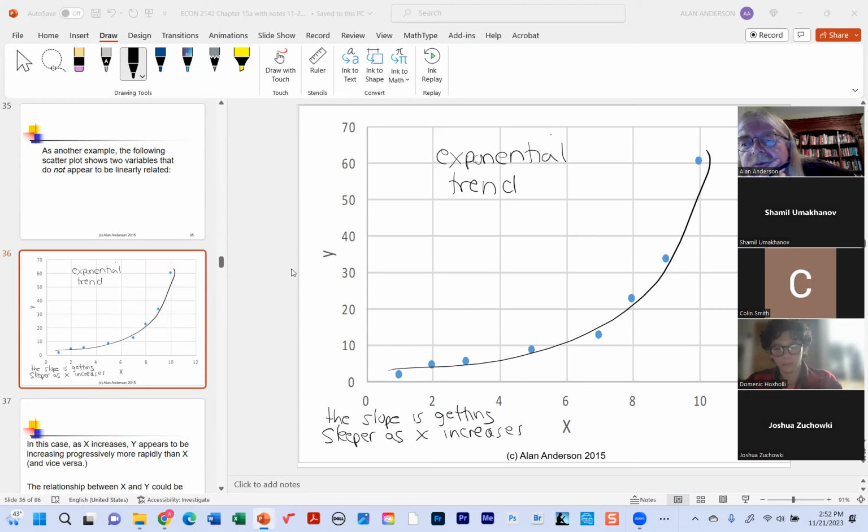And so that is what this would represent. If I wanted to analyze this with linear regression, I would end up with a mess because my straight line wouldn't even come close to explaining what's happening here. So that would tell me, don't use linear regression. Try something else. Okay.